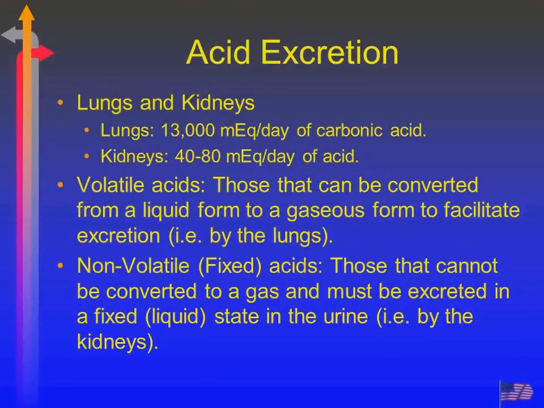It's volatile because it can be converted from a liquid to a gaseous form, CO2 that's transported in the plasma, then transferred to the alveoli to be excreted. The fixed acids, on the other hand, can't be converted to a gas, can't be excreted through the lungs, and can only be processed through the kidneys and excreted in the urine. Therefore, a much more limited amount of acids can be removed.